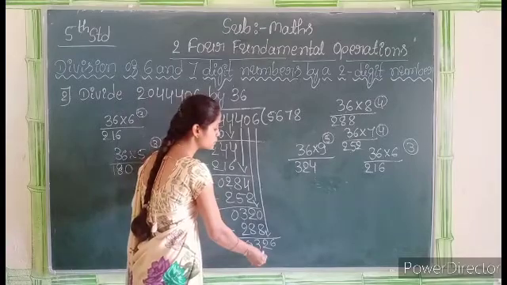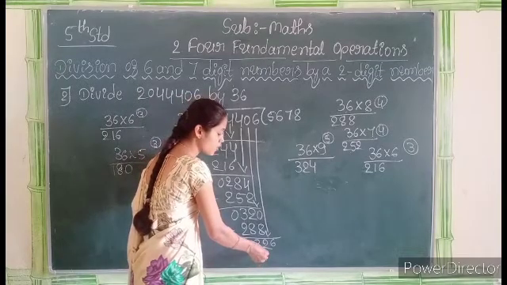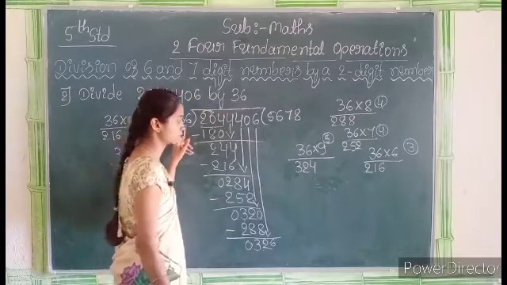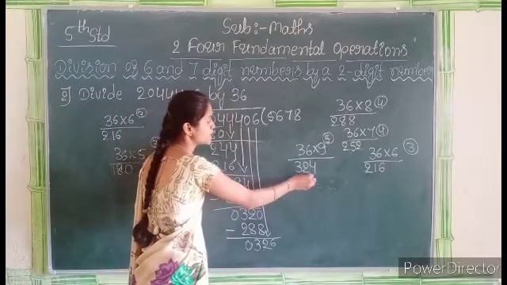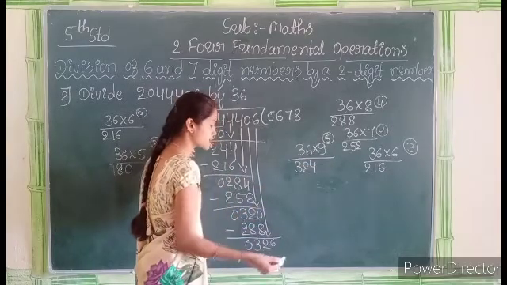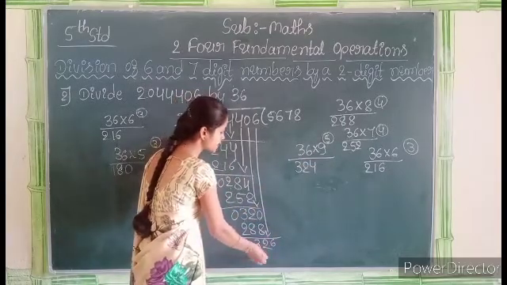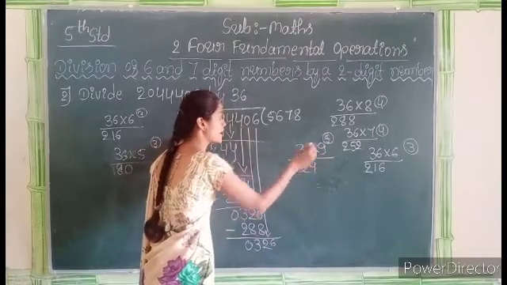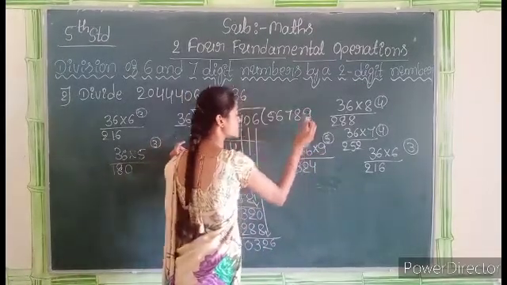326. Now we have to find out which number is near or less than this 326 in the table of 36. That is 324. If we consider 36 tens, that is 360, right? 360 is greater than this 326. That's why we have to consider 36 9s. 9 is the quotient.